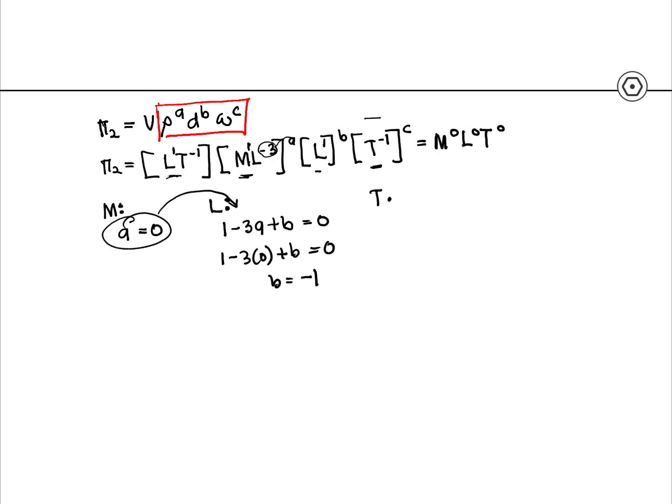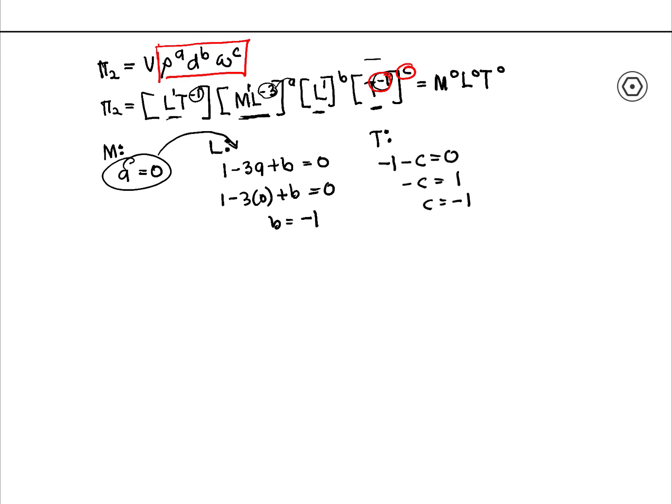And then T, so here there is T minus 1, and then for the second no T, and for diameter no T, and then there is T here, minus 1 times c, then we will get minus c equal to 0. Minus c 1, c is equal to minus 1.